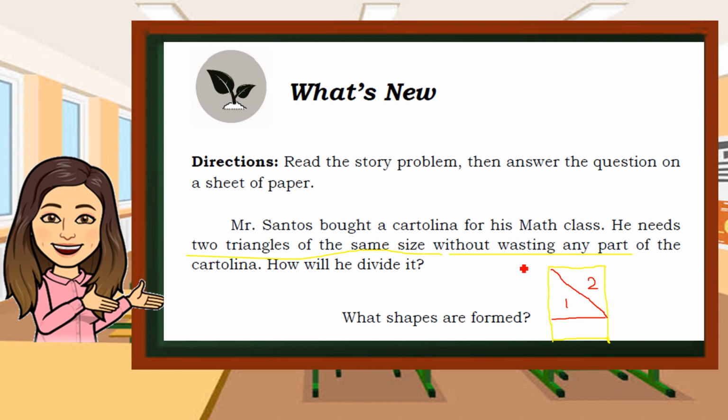Okay. The other consideration is that without wasting any part. So, this part of the cartolina should not be wasted. It should be still included with the parts of those two triangles. So, what should be the right way of dividing this cartolina?